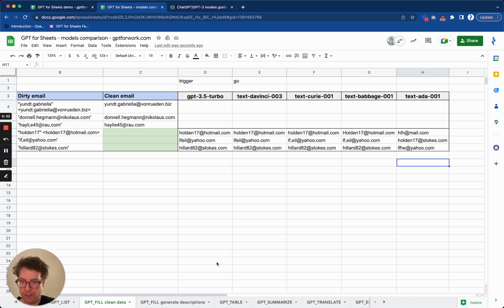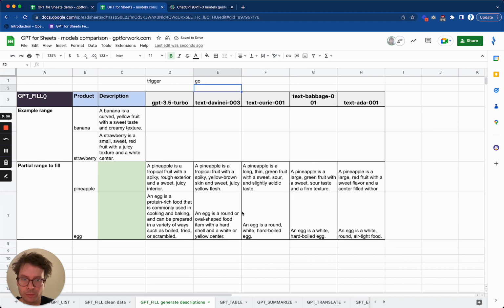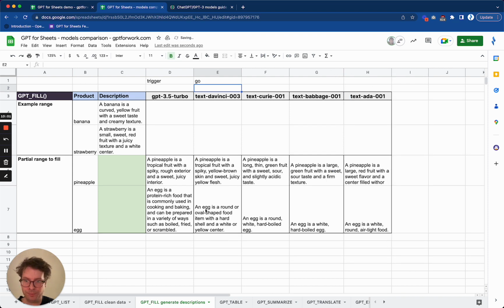Okay, now let's generate some descriptions. So here I have an example of a description for a banana and one for a strawberry, and then I want descriptions for pineapple and egg. And again, I'm using GPT fill. So let's go. Okay, so again, the speed is comparable for all of them, but let's see the descriptions.